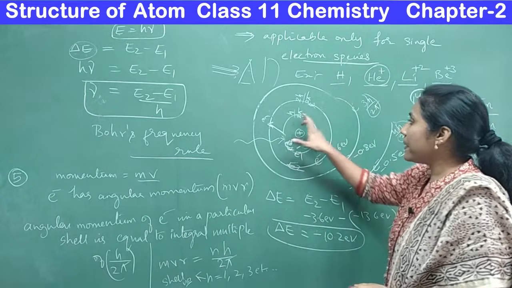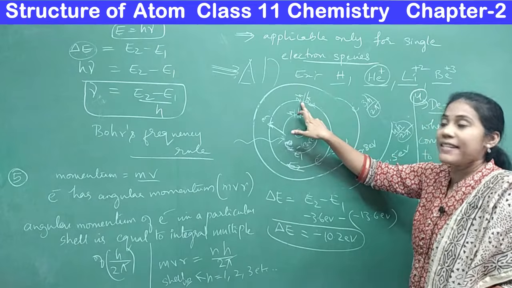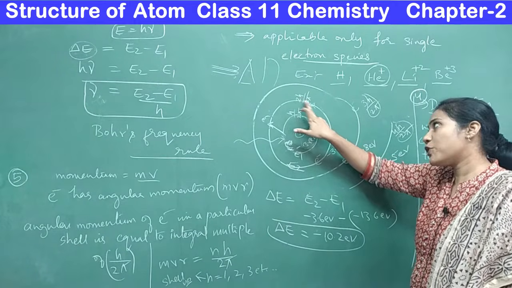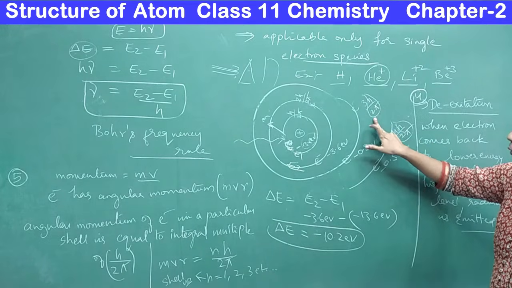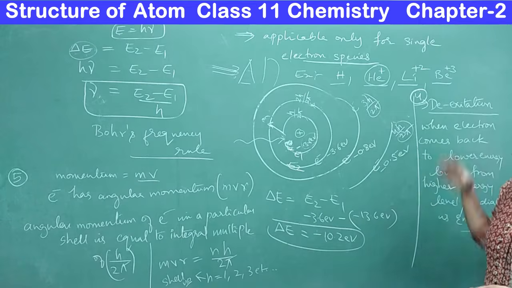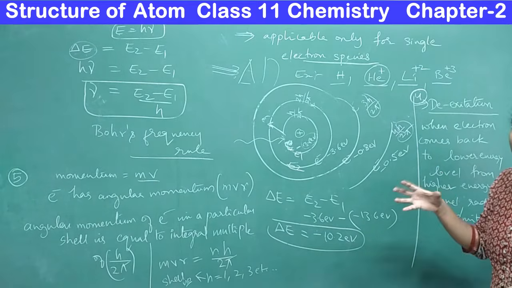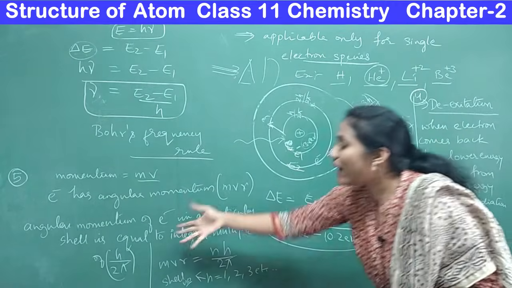If it is present in the first orbit, its value is h by 2 pi. In the second orbit, 2h by 2 pi. In the third orbit, 3h by 2 pi. In the fourth, 4h by 2 pi. Like that it varies. That means you can observe one thing: even the angular momentum is quantized.